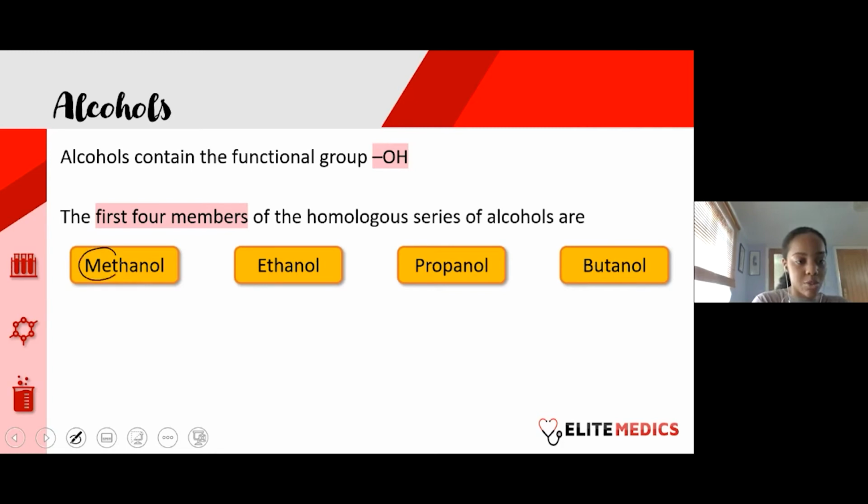We know since it starts with me, I am only one person, it will have 1 carbon. So we also know that alcohols need to contain this OH. So we know that one of the bonds that this carbon is going to have is going to be bonded to OH. Now, what exactly is going to be on the other 3?